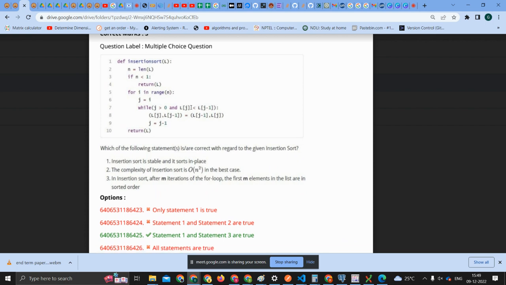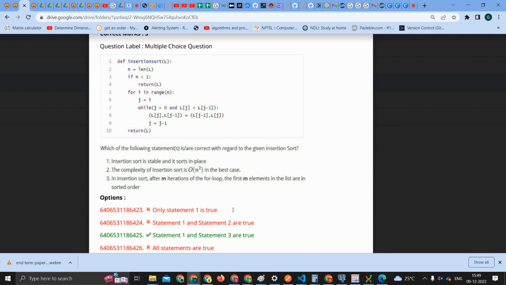Someone who is new to this can take this so that you can understand more. Sachin, do you know this? Insertion sort, yeah, stable sort. I know that. Which of the following statements is correct with regard to the given insertion sort?